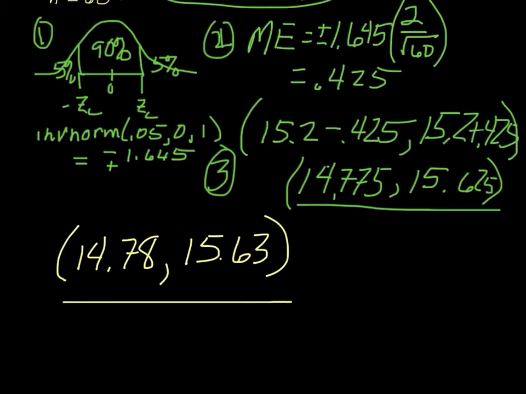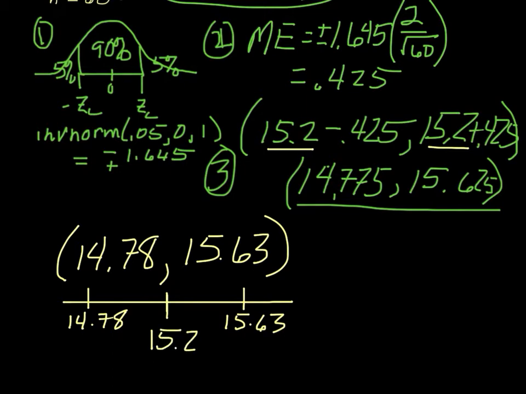If you think about this, on a number line, you'll see 14.78 and 15.63. But where was the sample mean in this? Well, the sample mean is always halfway between, because you add the margin of error and you subtract it. So if you just find the middle in between these, that will be the sample mean.